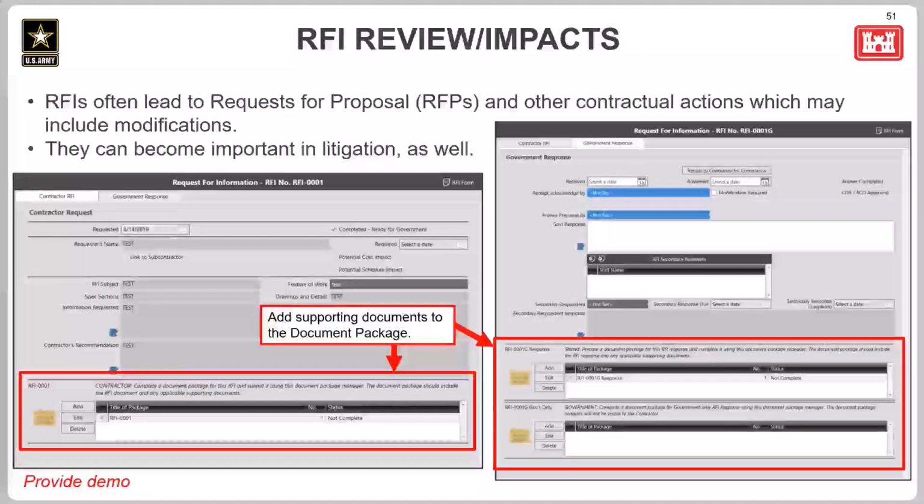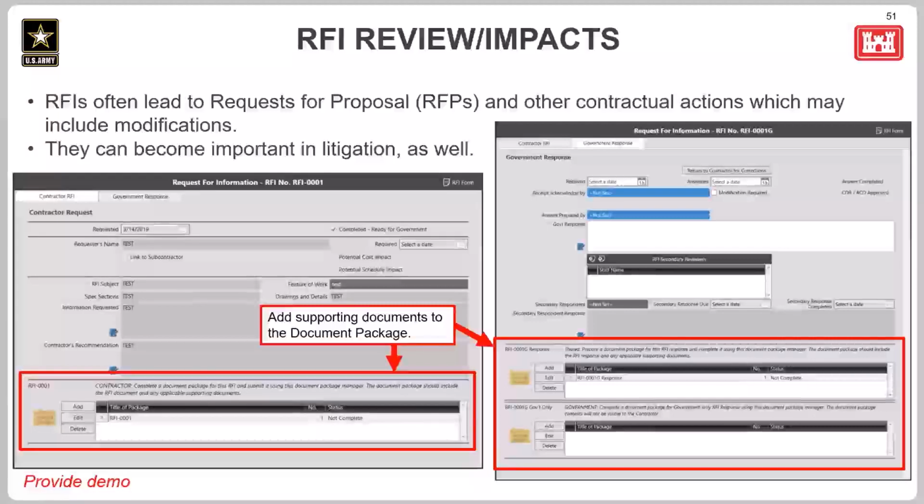Since RFIs often lead to RFPs, or requests for proposal, and other contractual actions that may include modifications to the contract, it's really important to maintain a record of these requests and answers. RMS does that for you. So now let's take a look at that in the application.